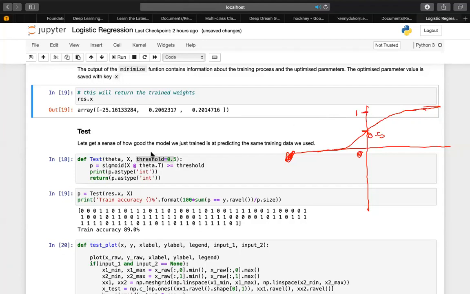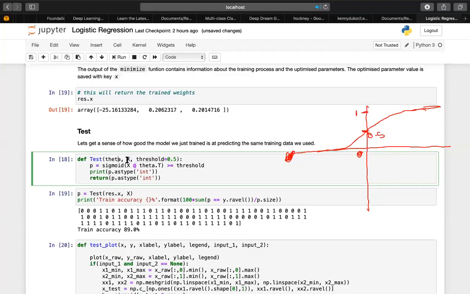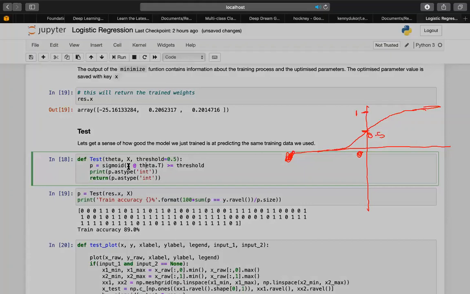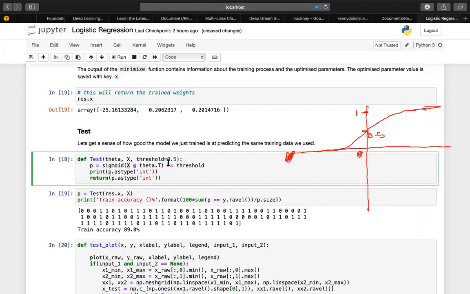Okay, so now we define our test function. We pass in our theta, pass in our x, and pass in the threshold that we want to use. And then we use sigmoid. We pass in the theta, and of course, this is our trained theta this time around. Then we want to test. The output of a sigmoid function is like 0 to 1.